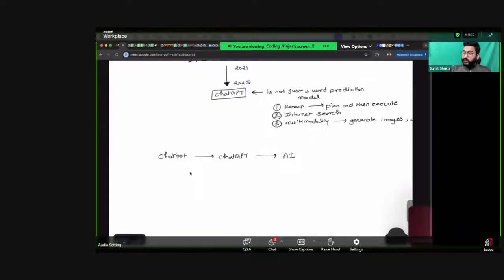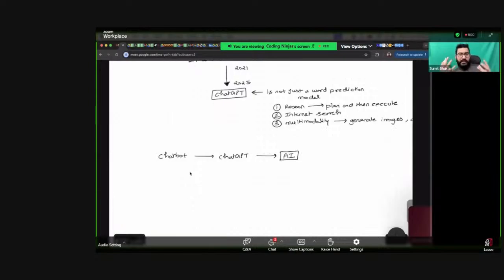The reason I am calling the LLM which we use today AI is because this LLM is not limited to just word prediction. It can understand your question, it can plan, and it can control. Now, what is the meaning of agentic AI? Because we have understood AI.